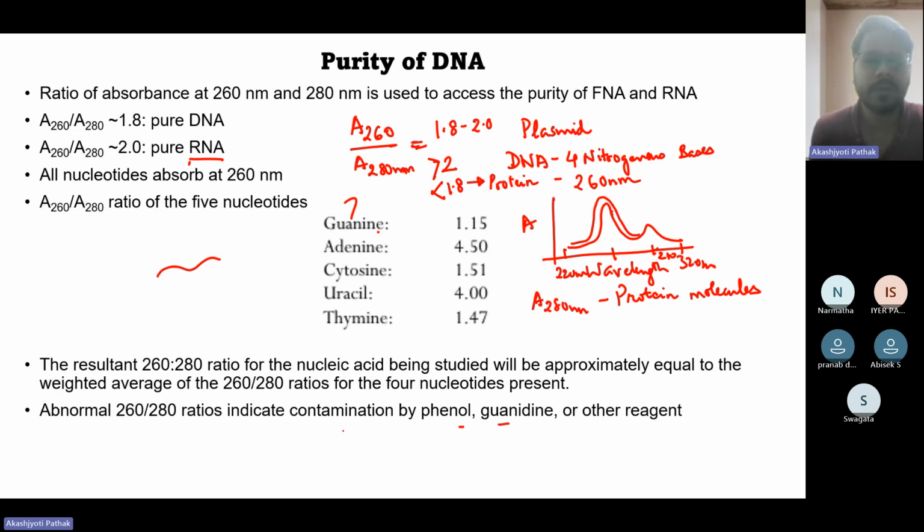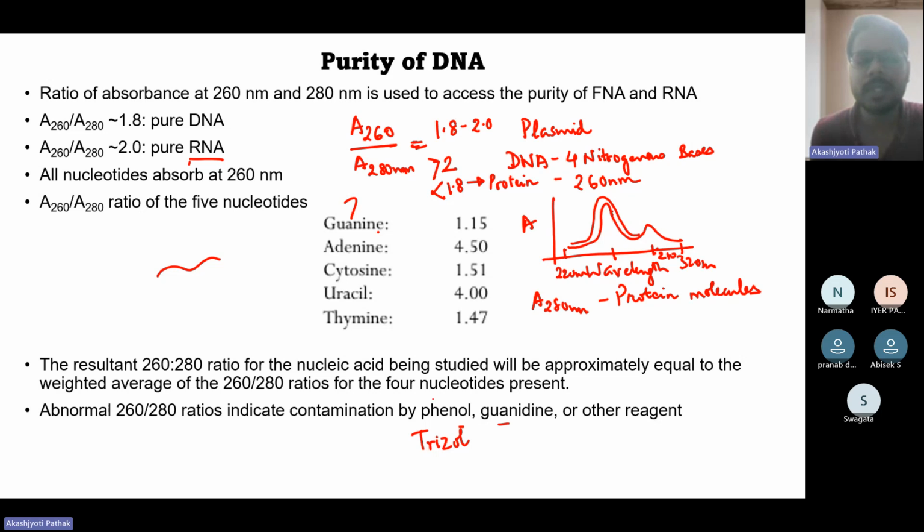For example, if you have gone through the lecture on Trizol, you have studied how you can isolate RNA by the Trizol method. For RNA isolation, we use a reagent called Trizol.